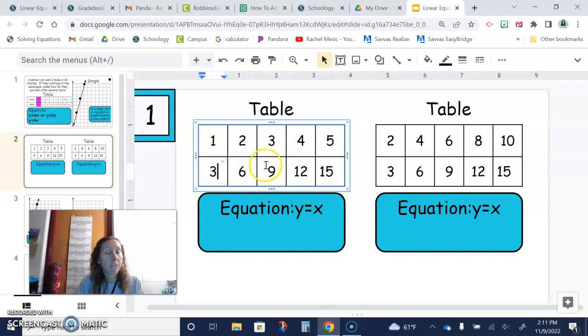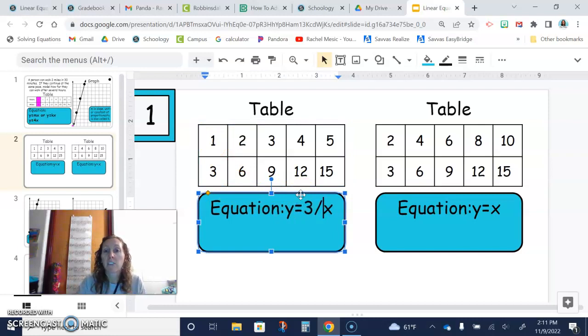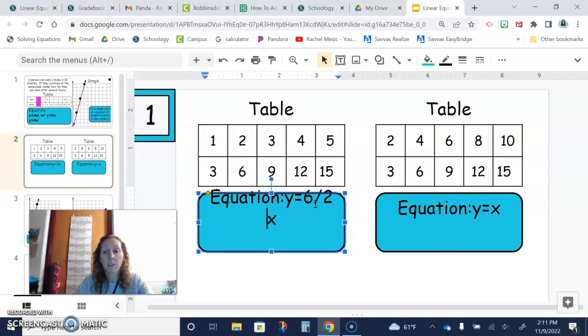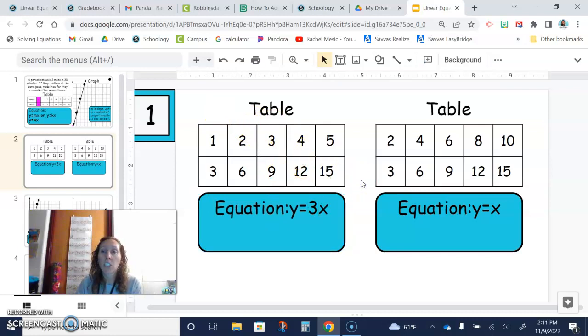And it's y first over x. So it's 3 over 1, and that can simplify to just 3. Or I could do 6 over 2, and that also would simplify to 3. So that equation is y equals 3x.